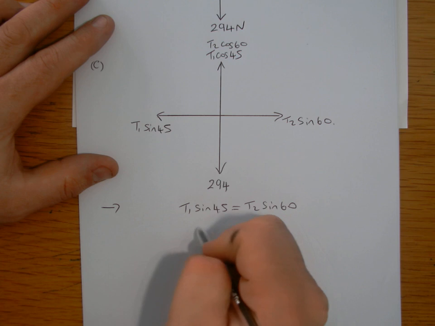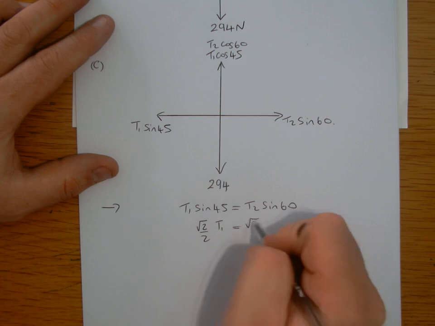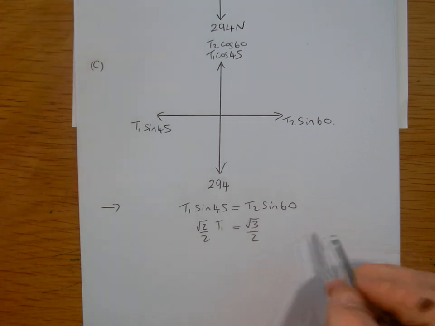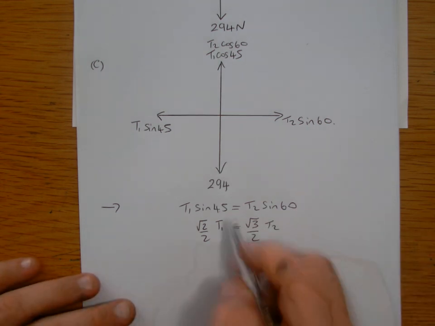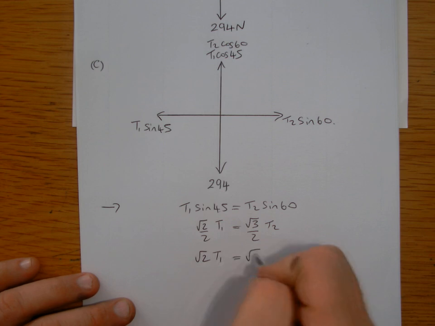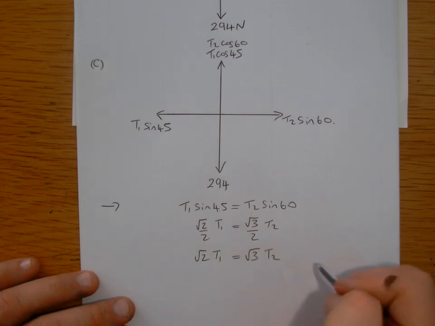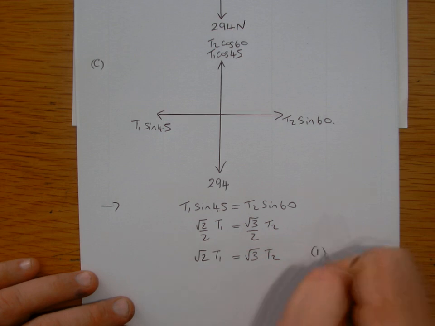If you do that on your calculator, you'll get root 2 upon 2 for sine 45, T1, and sine 60 is root 3 upon 2, T2. If we multiply through by 2, we'll get root 2 T1 is equal to root 3 T2. It's quite a nice equation, we'll leave it at that and call it equation 1.